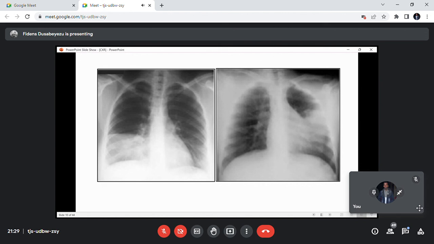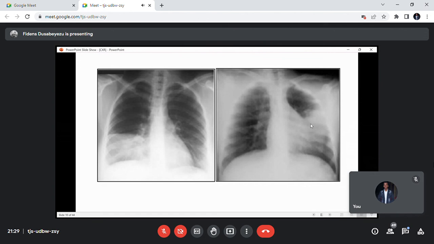Another case here is this. Can you see this irregular opacity? There are some tubular structures with air bronchogram sign. Air bronchogram sign is a sign of consolidation.